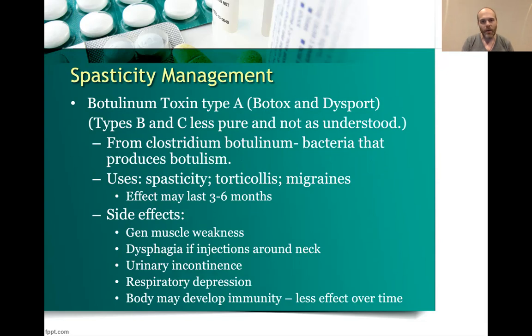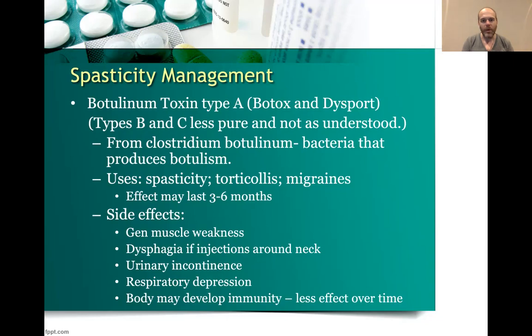B and C are also used sometimes, but they're not as pure and they're not as dosed well or understood. So most people stay away from those. But it actually is from a bacteria that causes botulism, and that can kill you if you ingest it. But when that toxin is injected into muscles, it causes relaxation of spasms, relaxation of dystonia and hypertonicity.